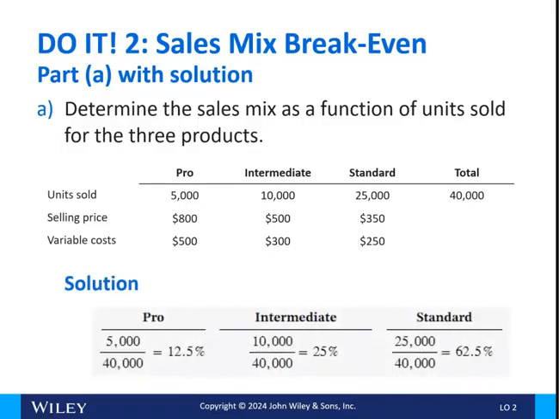So the Pro is 12.5%, 5,000 divided by 40,000. Intermediate, 10,000 divided by 40,000 is 25%. And Standard, 25,000 divided by 40,000, 62.5%. And again, the percentages equal 100%. You have to make sure that they equal 100% because you're accounting for 100% of your units sold.